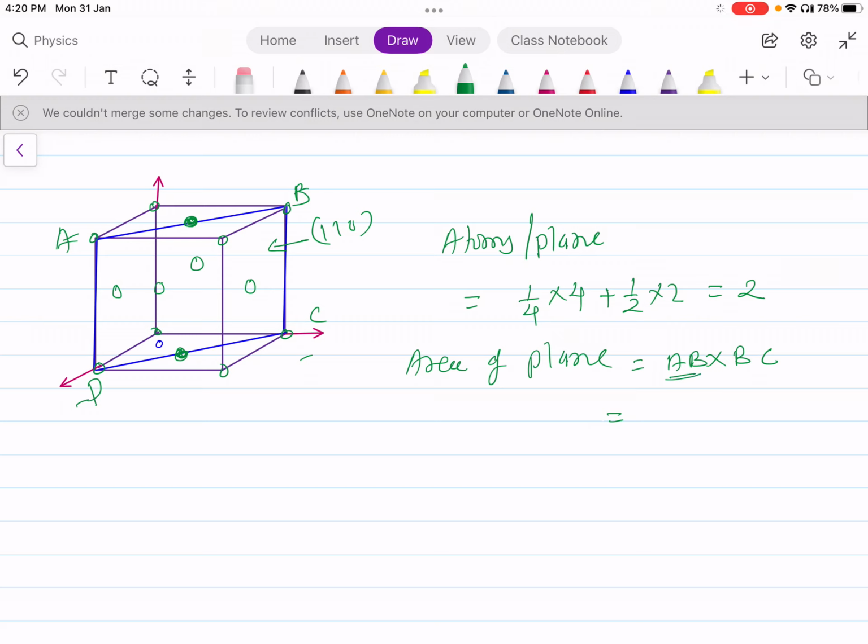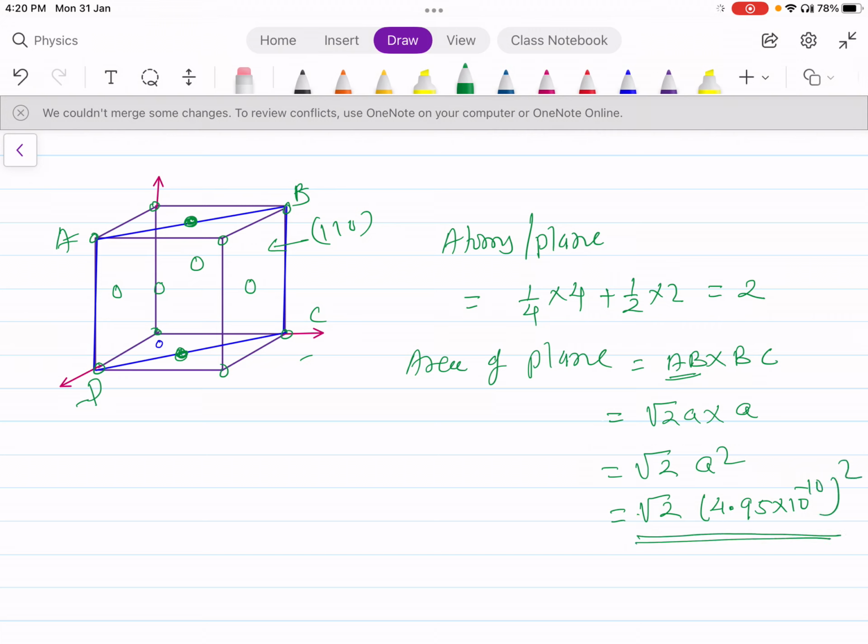AB is the face diagonal, which is root 2 A, and BC is the edge, which equals A. So it is root 2 A square, and we know the A. A is 4.95 × 10^-10 meter, squared. So this is the area of the plane.